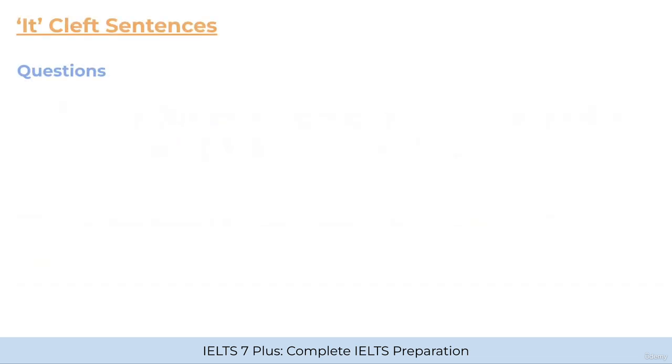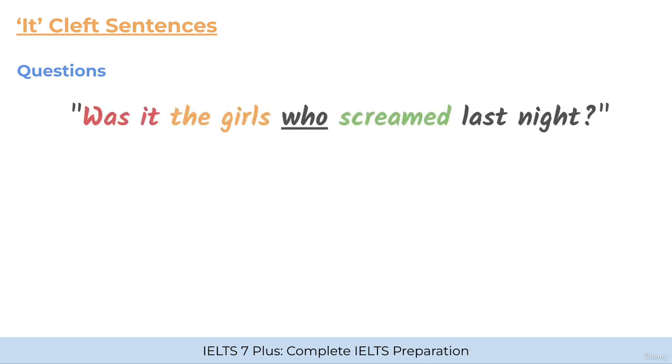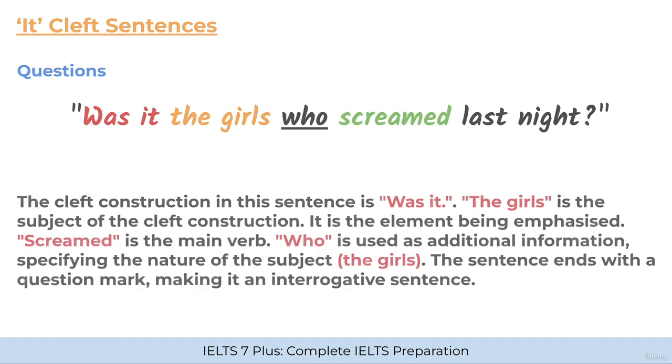Okay, so we can also use cleft sentences within a question form, like this one. Was it the girls who screamed last night? Okay, so this is a little bit tricky, but let's break it down. We've got a lot of information here. So the cleft construction is in fact the "was it" at the beginning.